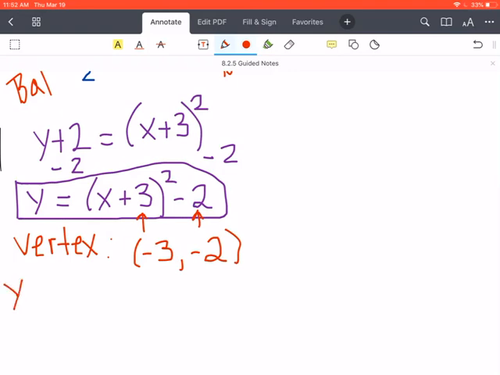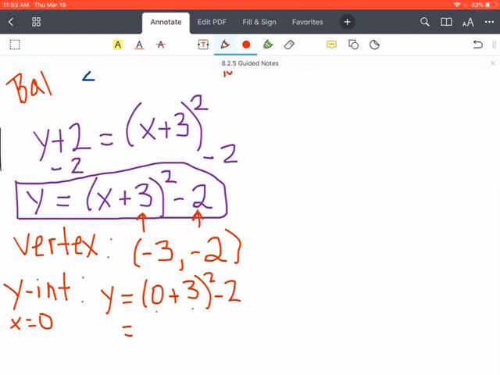And then something that we haven't done yet today is that y-intercept. So for the y-intercept, you guys are great about telling me that we need to write x equals 0. So we are going to be careful not to just say the y-intercept is -2 because we are not in standard form. Instead, we are going to replace x with 0 and go ahead and just simply do the calculation with order of operations.